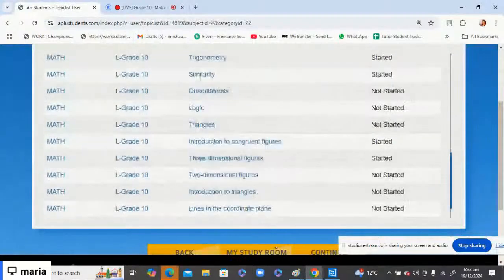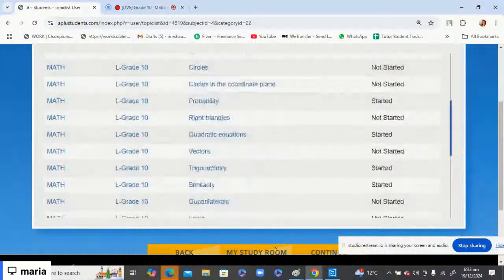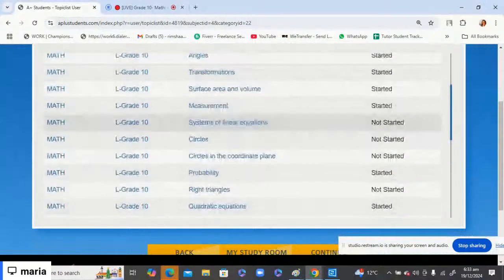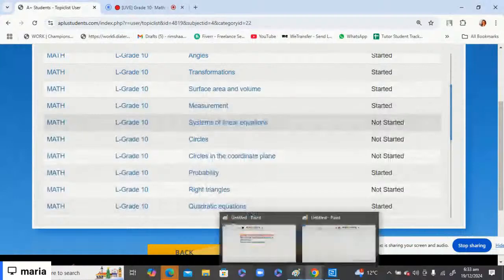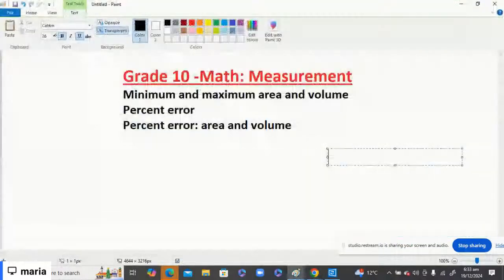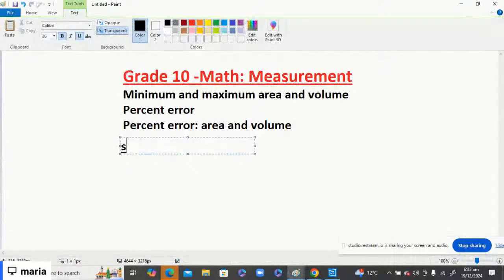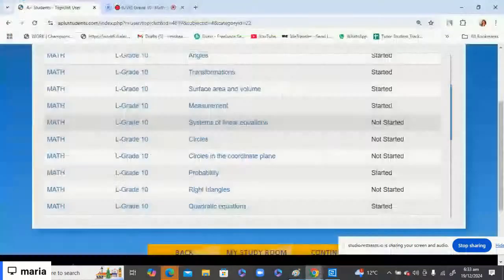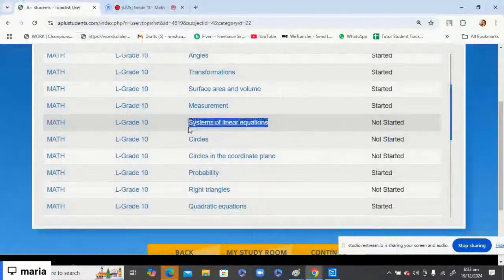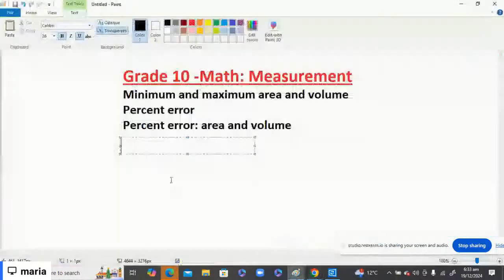So let's start the system of linear equations. This one we are going to start today, because the previous chapter is completed and this is the next chapter.